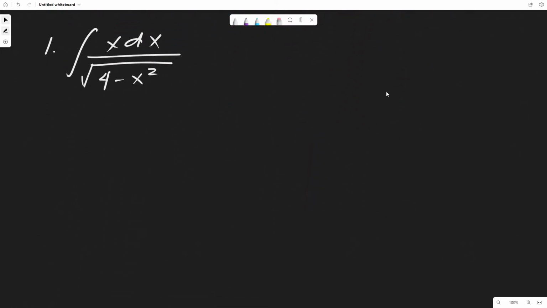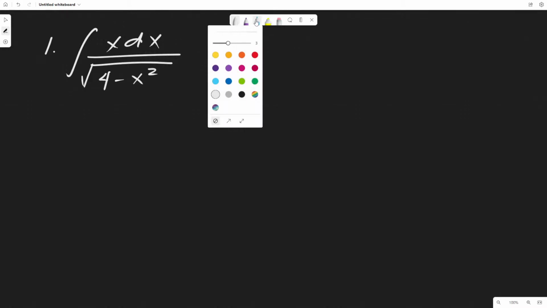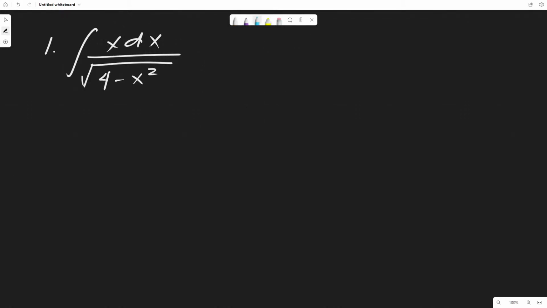We are asked to find the integral of x dx over the square root of 4 minus x squared. If we look at the integrand, we have a squared minus u squared.